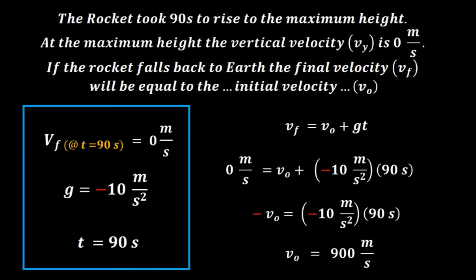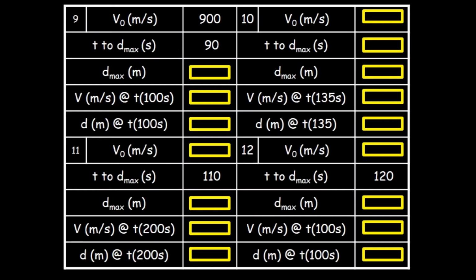Let's look at the math involved here. We see that the VF at t equals 90 seconds is 0, g is negative 10, t is 90. So plug in, and you solve for v naught as 900 meters per second, and then we're going to plug that in to the answer sheet.